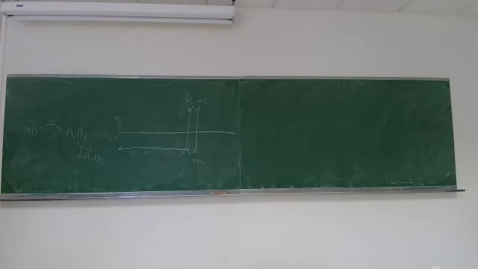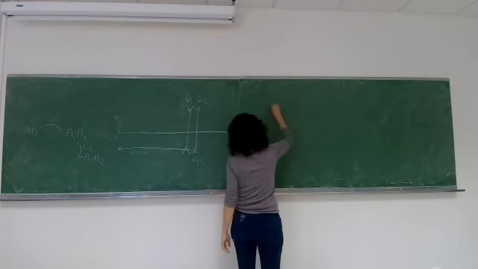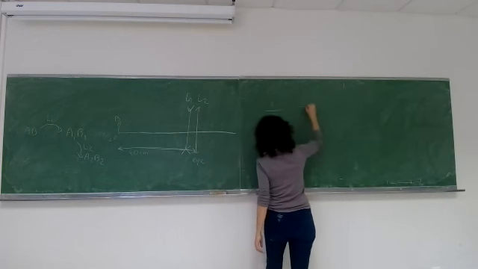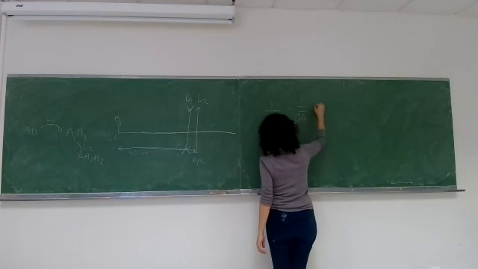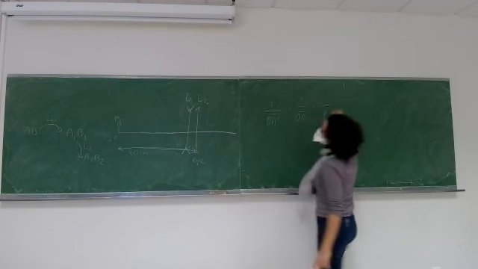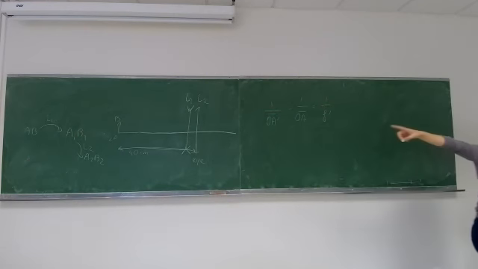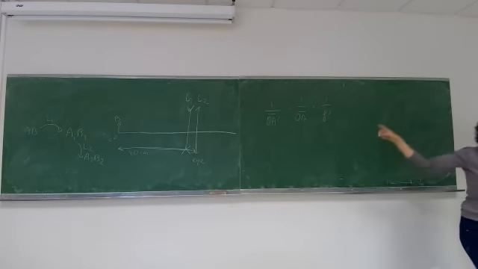So what is the difference? Do you remember? What is the lens formula? Minus 1 over p plus 1 over p prime equals 1 over f prime.